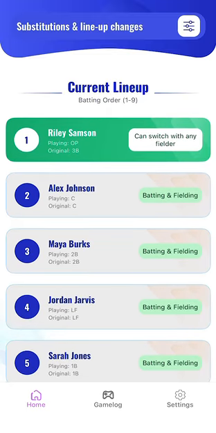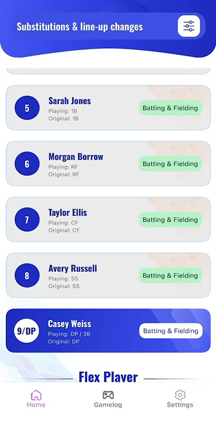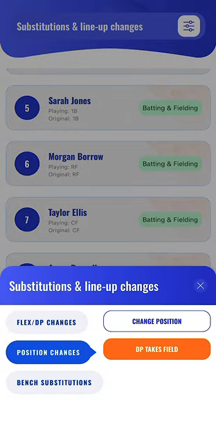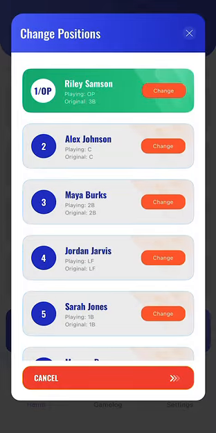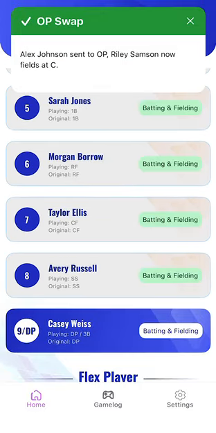So now the cool thing about this, once you make this change, so there's Weiss playing third base at DP, is you can also switch your OP just like you can switch your catcher with your first baseman or your right fielder and your left fielder. Any change that you want to make during the game, you can actually do that with your OP. So like Samson here, we could put it at catcher. So, hey, I want to switch Samson and Johnson.